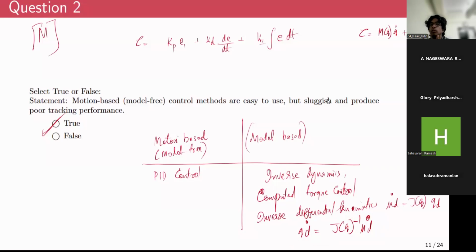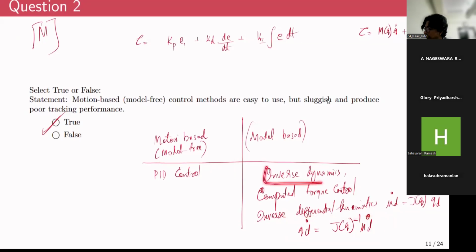the inertial effects are very small, such that you can basically ignore the effects due to inertia. This would give you a fairly good performance. But if your robot consists of very large, heavy bodies that are moving very fast, then this would probably not give you a very good performance.